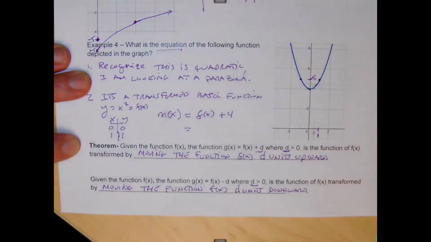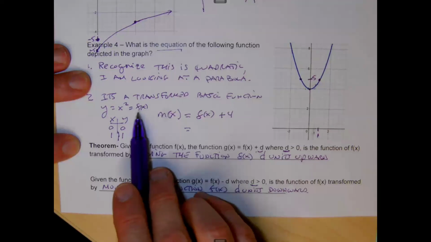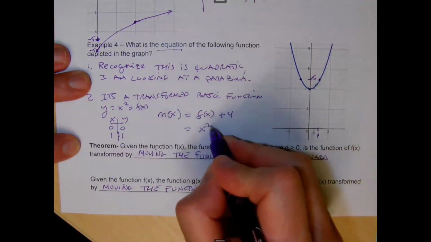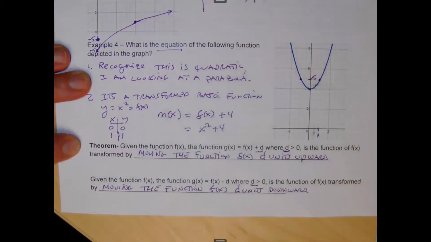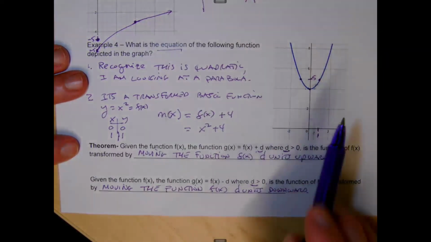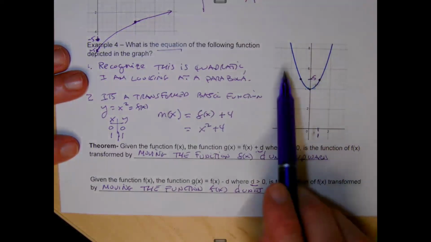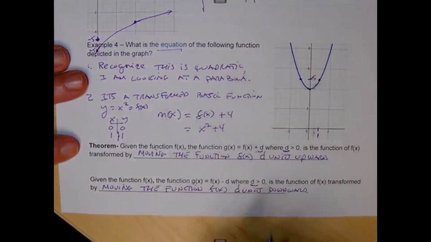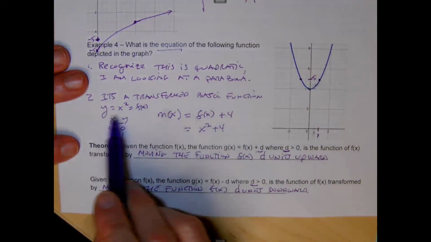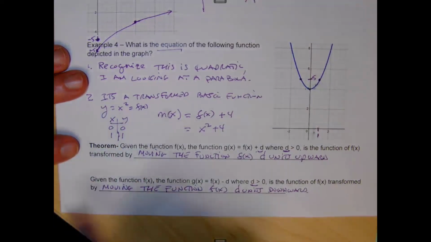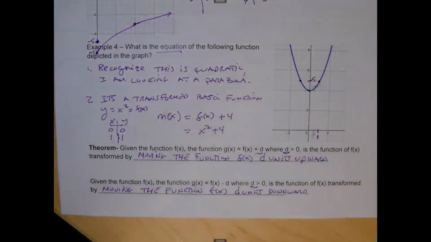So the equation is just x squared plus 4. And that is really very nice. If I can recognize what this graph is, I can immediately write the equation just by understanding what the basic function looks like. It's very simple without doing a lot of work.